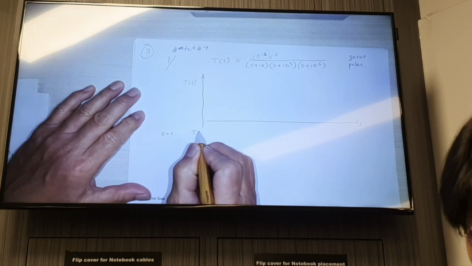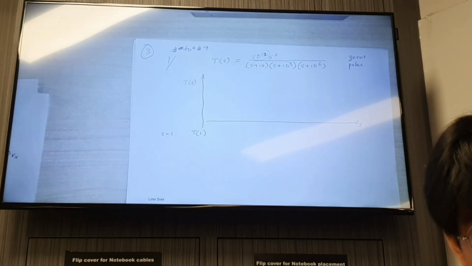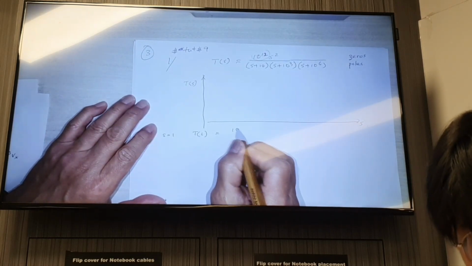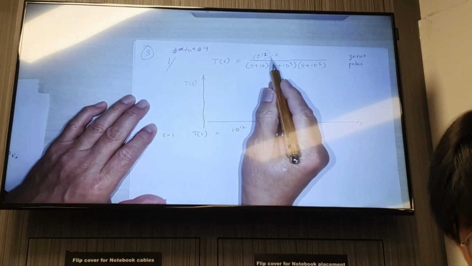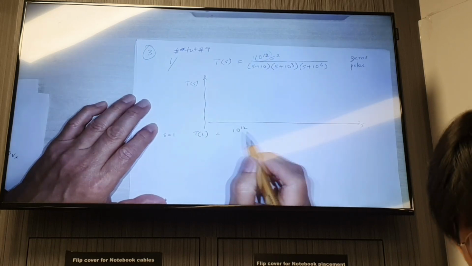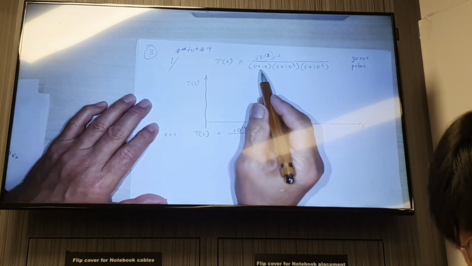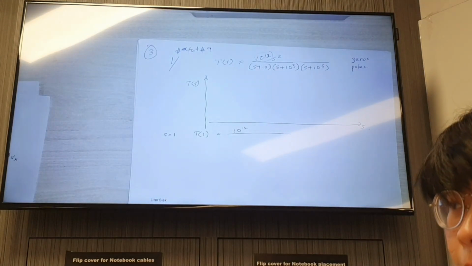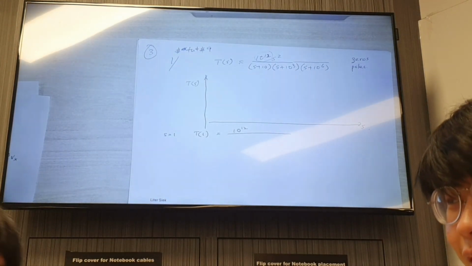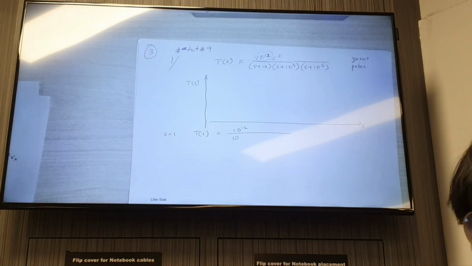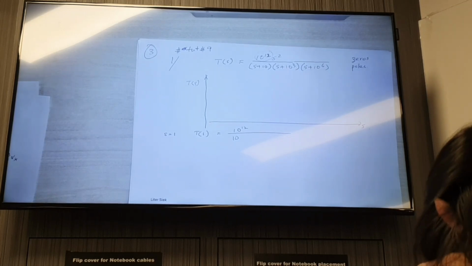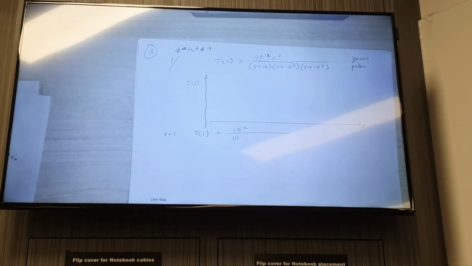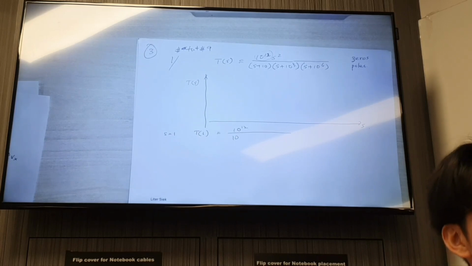Then T, when S is equal to 1, gives you 10 to the power of 12, because 1 times 1 is 1. Then we look at this 1 plus 10. You say it's 11, but here I say it's 10, because 10 is so much bigger than 1, it's 1 decade away.